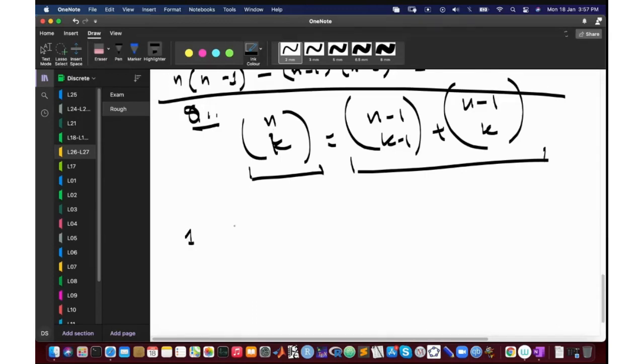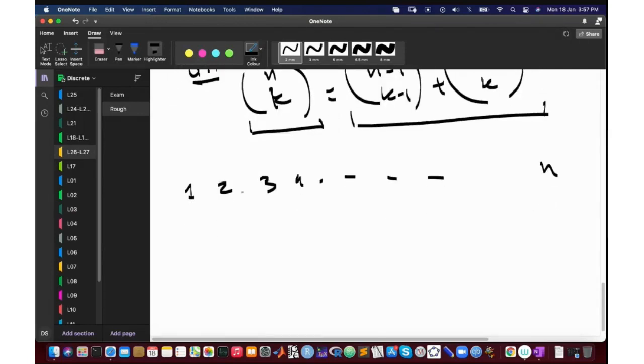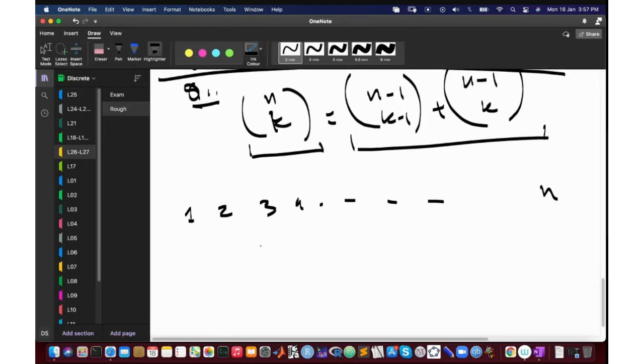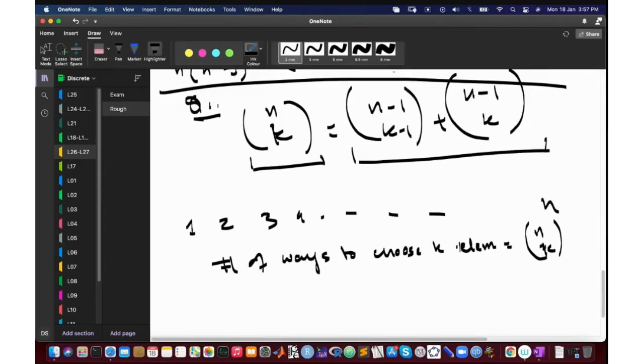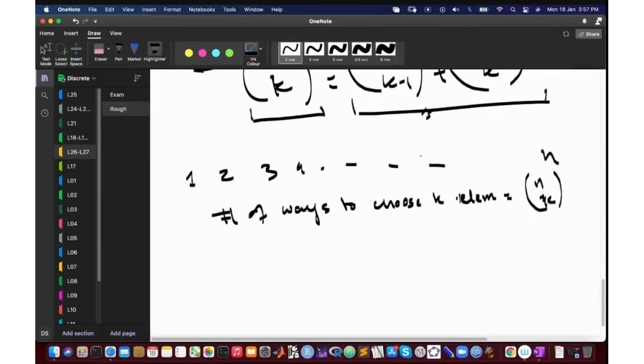So आपके पास ये let's say elements हैं 1 2 3 4 up till n, और इसमें से the number of ways to choose k elements is equal to n choose k. अब हमने शो करना है कि the number of ways to choose k elements is also equal to this second part. Okay, let's see how that is.